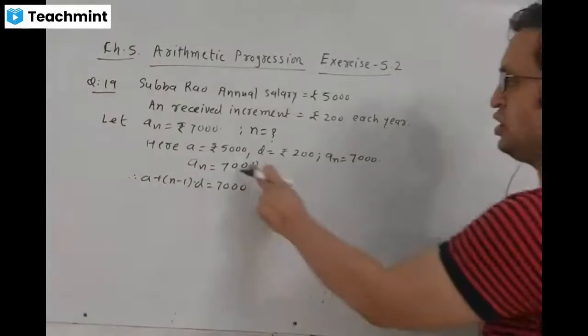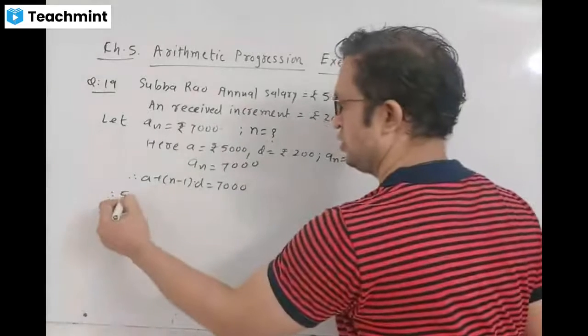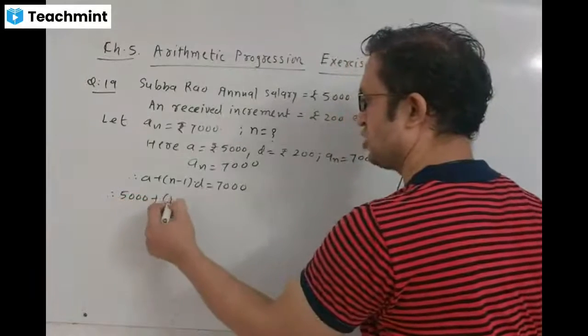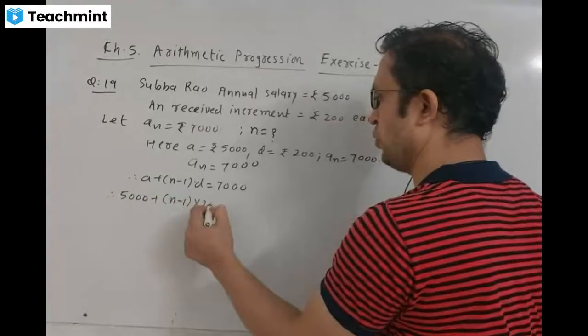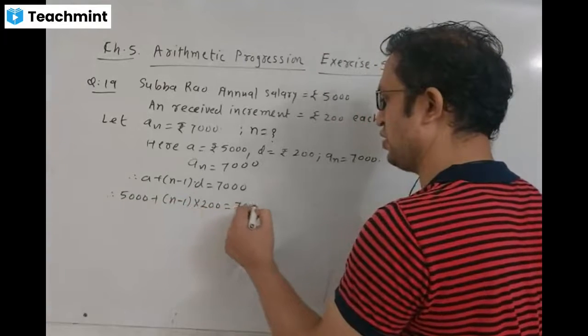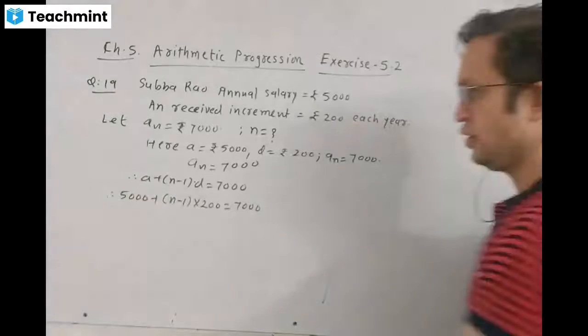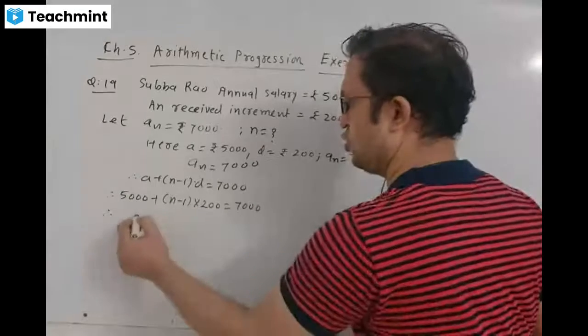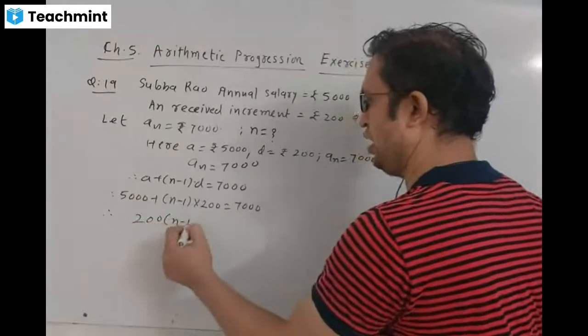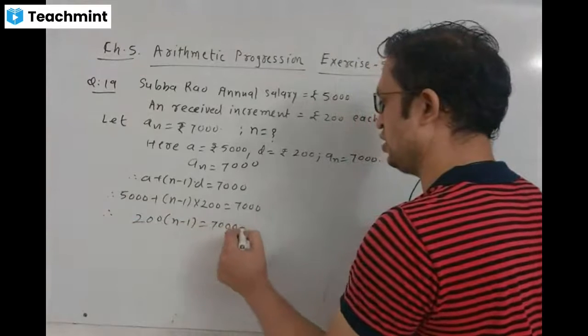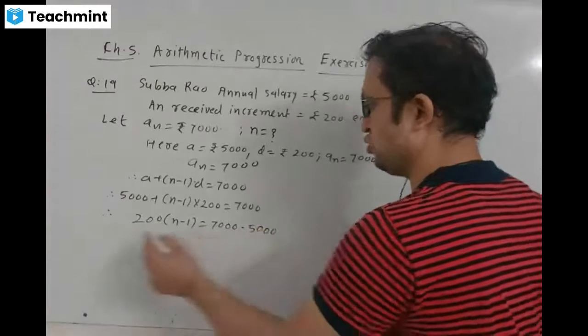Substitute the values. A is equal to 5,000 and D is equal to rupees 200, so 5,000 plus N minus 1 into 200 is equal to 7,000. Therefore 200 into N minus 1 is equal to 7,000 minus 5,000.